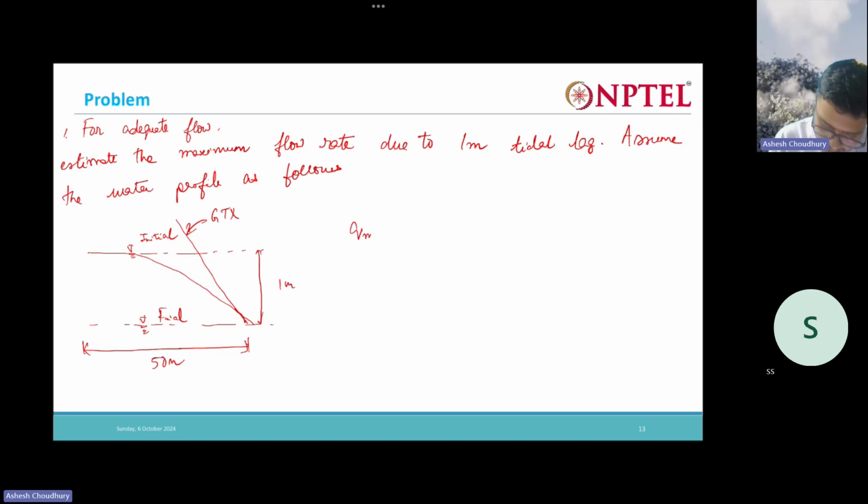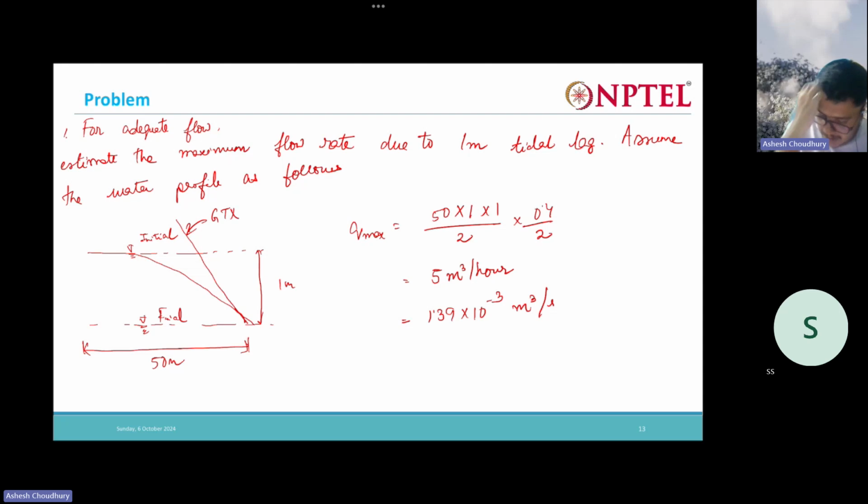So Q max is 50 into 1 into 1 by 2 into 0.4 by 2, which is 5 meter cube per hour, nothing but 1.39. This is nothing but the porosity.